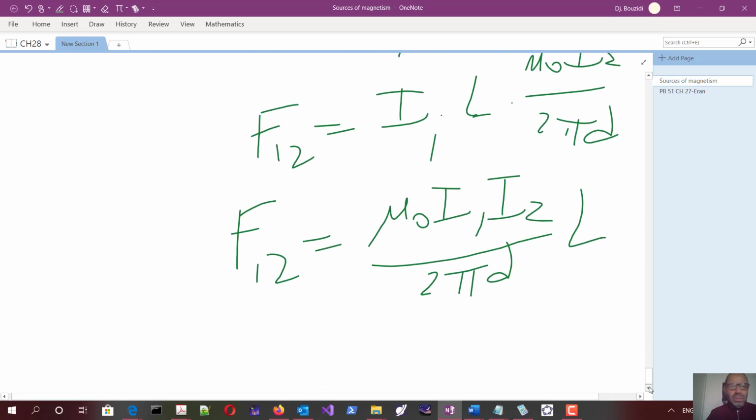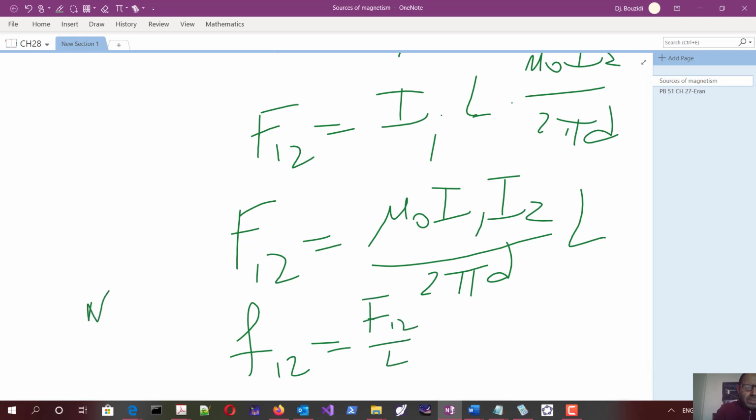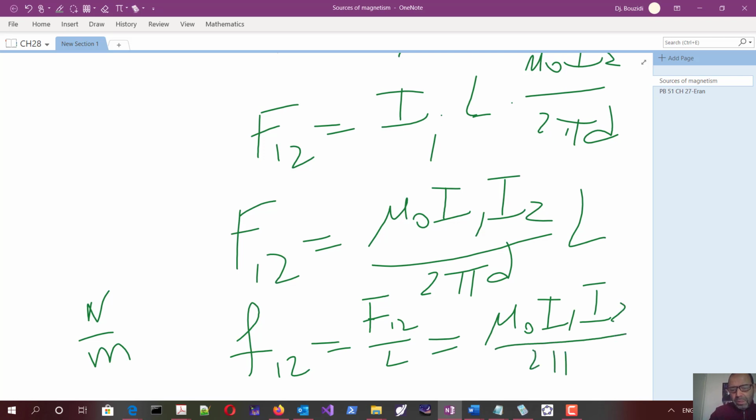Again, we're going to define the force per unit length, in Newton per meter: F12 divided by L. So the unit is still Newton per meter, and it's the same expression, the product of the two currents divided by 2 pi d. I'm going to pause right now and give you a minute or two to think about why these two forces must be the same.